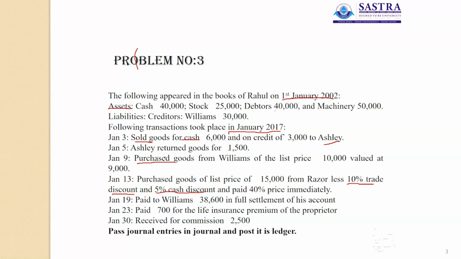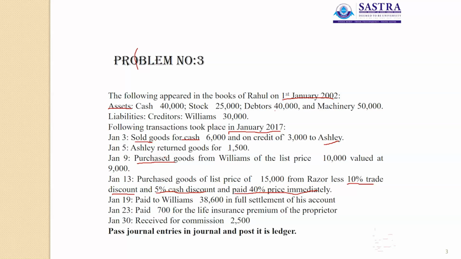Out of this, 40% of the price was paid immediately. So the cash discount is allowed only for the 40% of the goods purchased. Trade discount is allowed for the whole thing, that is 15,000 into 10%, 1,500.